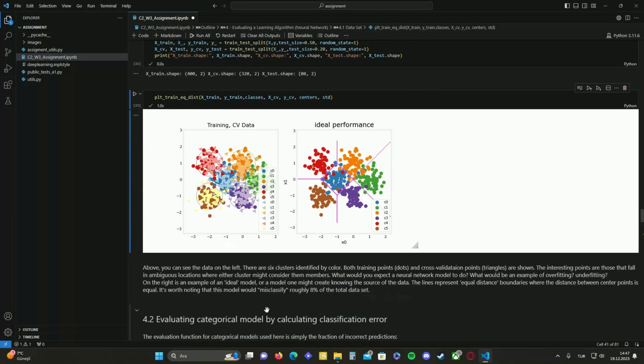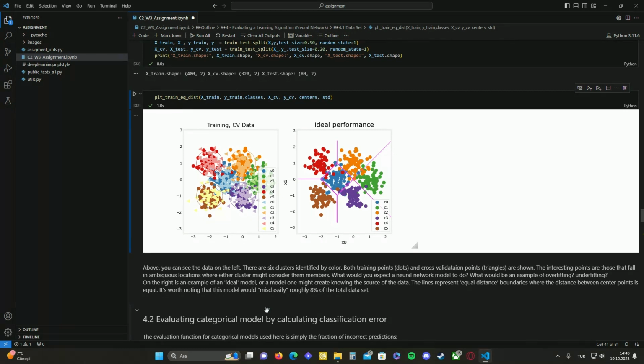Above you can see the data on the left. There are 6 clusters identified by color. Both training points, dots, and cross-validation points, triangles, are shown. The interesting points are those that fall in ambiguous locations where either cluster might consider them members.